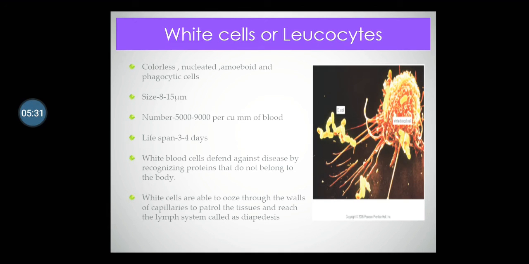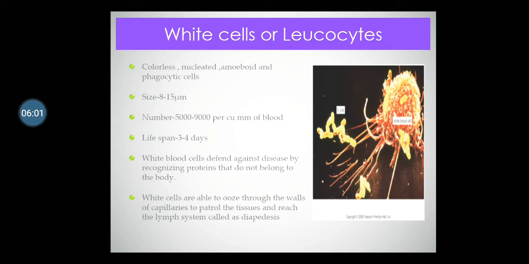Let's see white blood cells, also called leukocytes. They are colorless, nucleated, amoeboid and phagocytic cells. The size of WBC is 8 to 15 micrometer. Their number is 500 to 900 per cubic mm of blood.